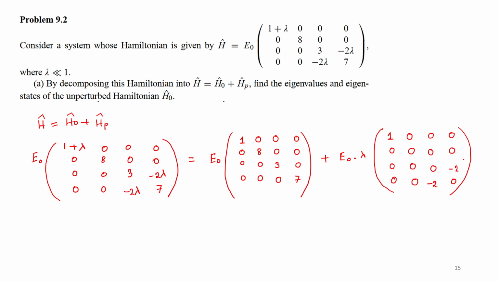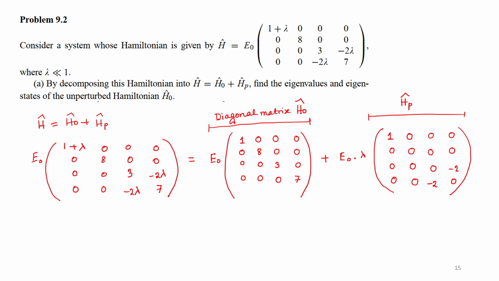As you can see, we have obtained one diagonal matrix and one that is not a diagonal matrix. So this is actually your unperturbed Hamiltonian, and this one contains your lambda, right? So this is obviously going to be your perturbation, where your lambda is very, very small.